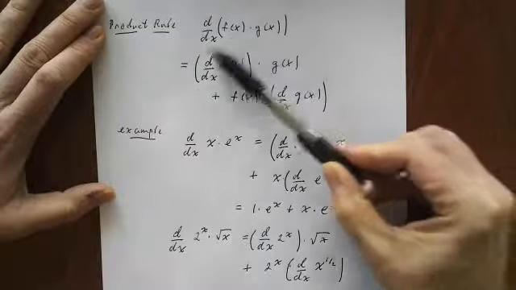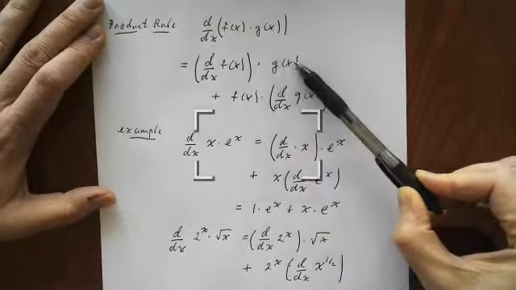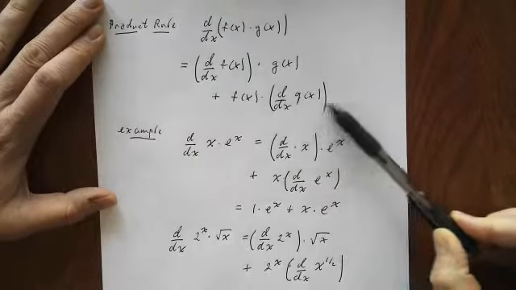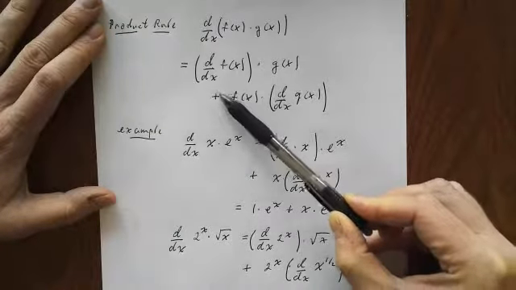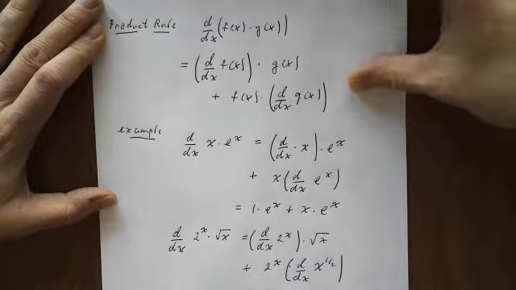So I will rephrase this by saying: the derivative of the first function times the second function left alone, plus the first function left alone times the derivative of the second. Now the order in which you do this doesn't really matter because of the addition sign, and addition is commutative.